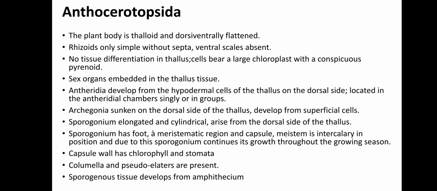They are not true elaters. Elater-like substance is present inside the capsule, that is pseudoelaters. This is a characteristic feature of Anthocerotopsida. Sporogenous tissue develops from amphithecium, but in the case of Hepaticopsida, it develops from endothecium.